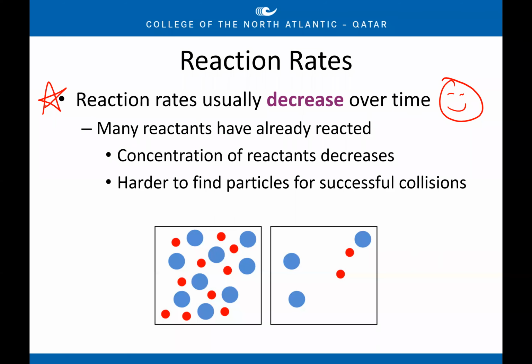However, at like say 1 a.m., after midnight, there's less cars on the road, meaning there would be less traffic collisions. So you can kind of think of reaction rates like traffic. When there's less cars on the road, there's less accidents, there's less reactions. So reaction rates decrease over time because there are less reactants.